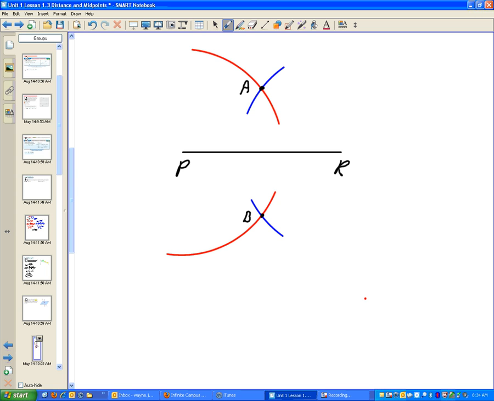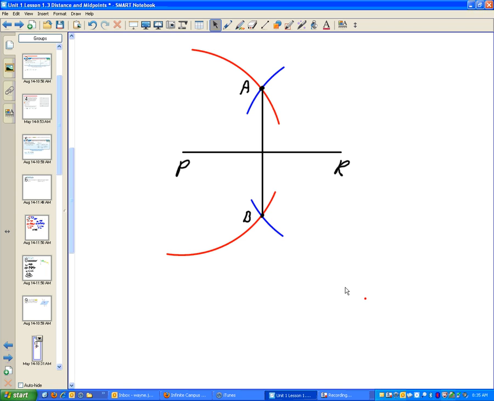I don't really care which. Like so. Okay? Segment AB, or line AB, is the segment bisector of segment PR.